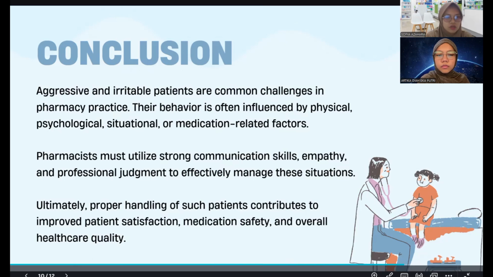Pharmacists must utilize strong communication skills, empathy, and professional judgment to effectively manage the situation. Ultimately, proper handling of such patients contributes to improved patient satisfaction, medication safety, and overall healthcare quality.